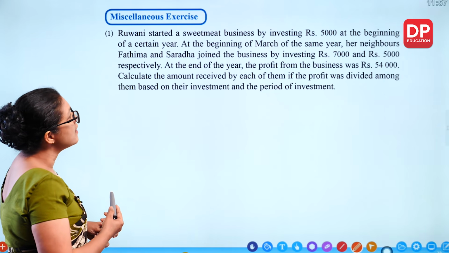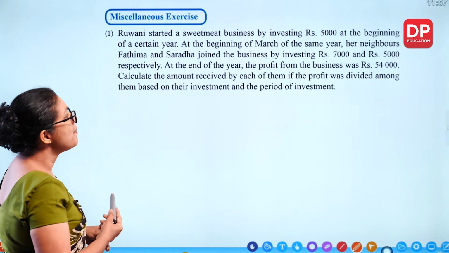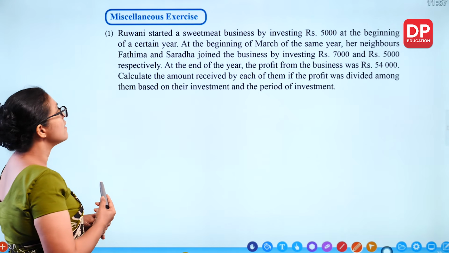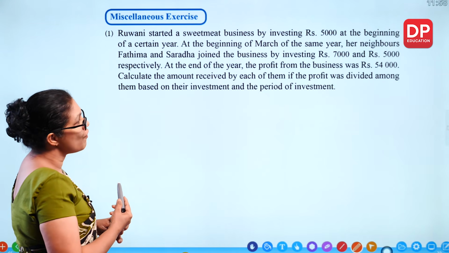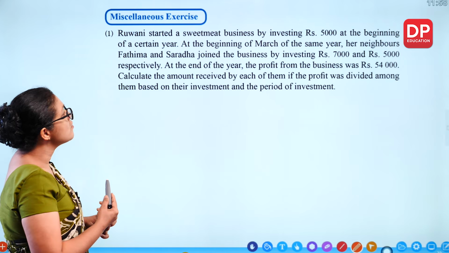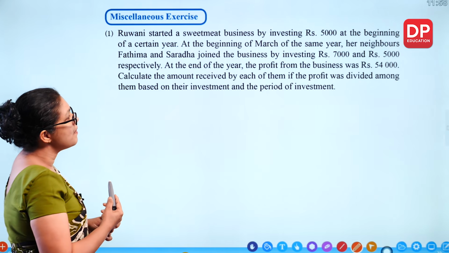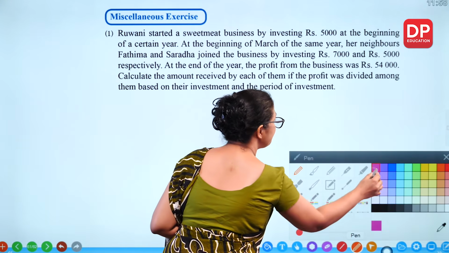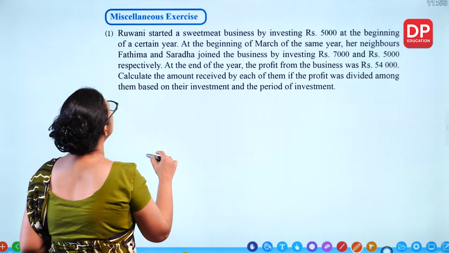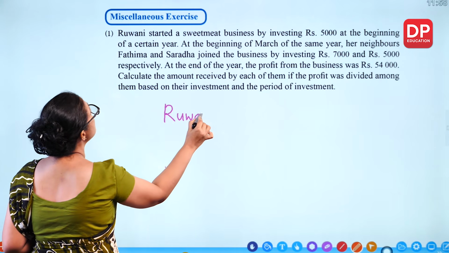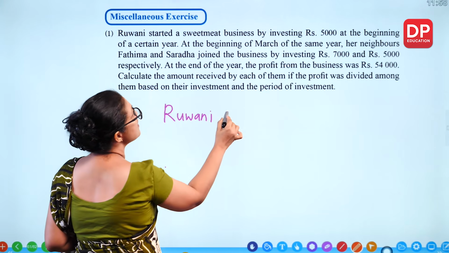At the end of the year, the profit from the business was 54,000 rupees. Calculate the amount received by each of them if the profit was divided among them based on their investment and the period of investment. So here you need to find out the amount invested as well as the time.